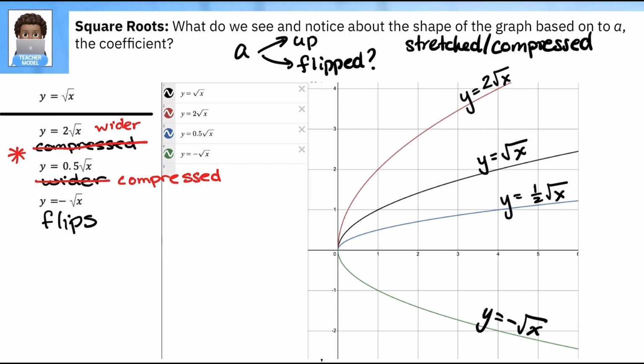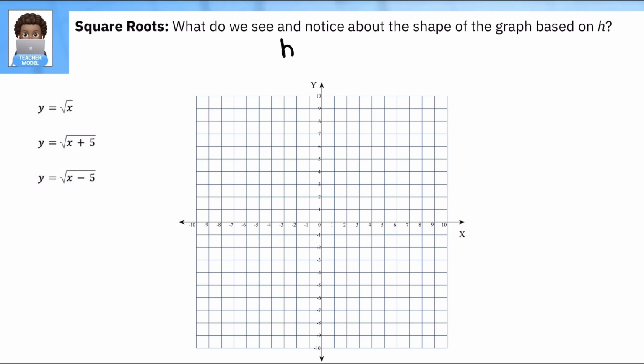Nice to be surprised. Let's explore h, and that had to do with our horizontal shifts. It's interesting that we had a surprise last time, so let's see if there are any more surprises here. In our past pattern, anytime there was a positive h, we saw that it shifted to the left.